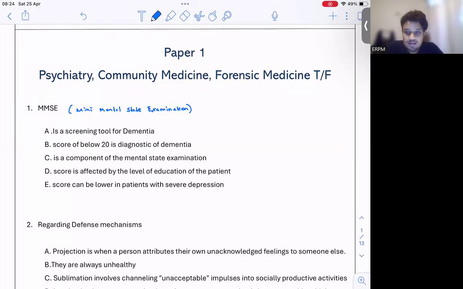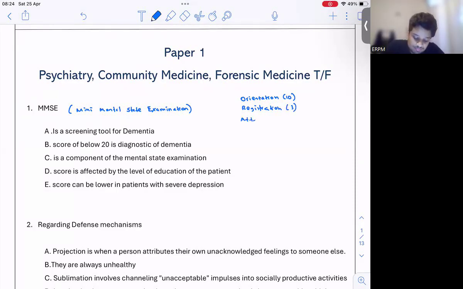Remember, this MMSE has several components, with scores for each. For example, it has around 10 points for orientation. Then registration, around 3 points.